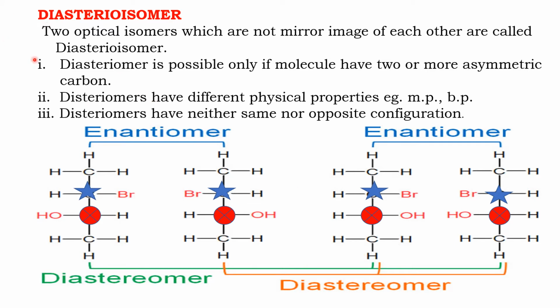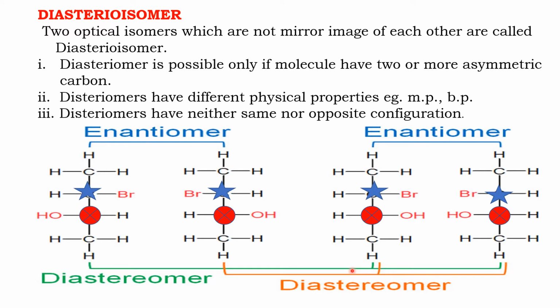So we have enantiomers and diastereomers. Enantiomers are related as object and mirror image, while diastereomers are not related as object and mirror image.